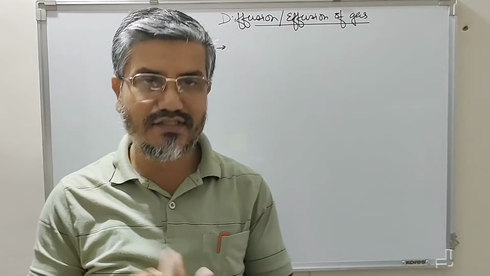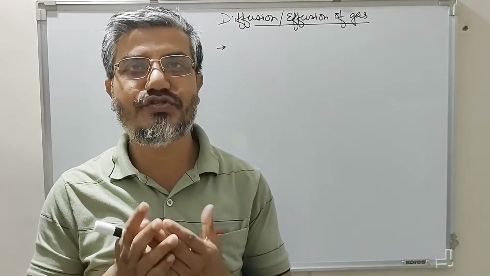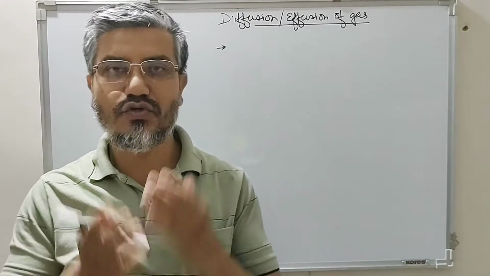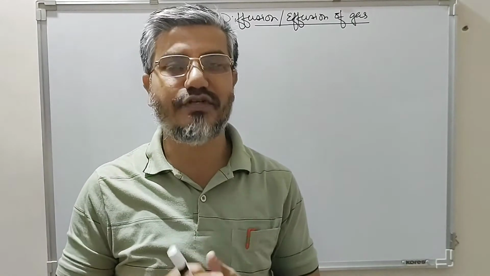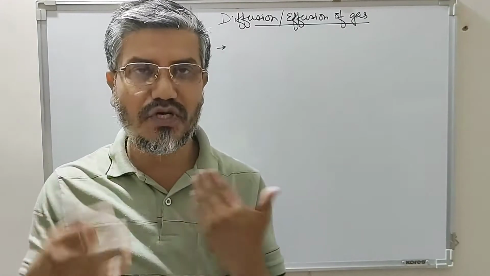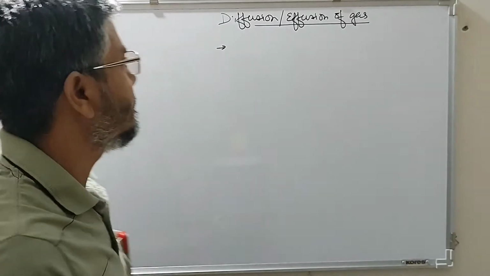Now the question is, what is diffusion? So diffusion is intermixing of gases on its own due to partial pressure difference. So this intermixing of gases due to the partial pressure difference is known as diffusion.